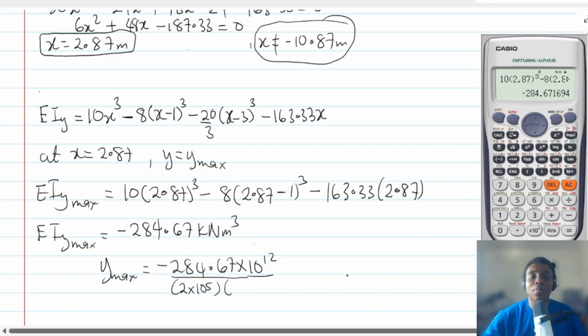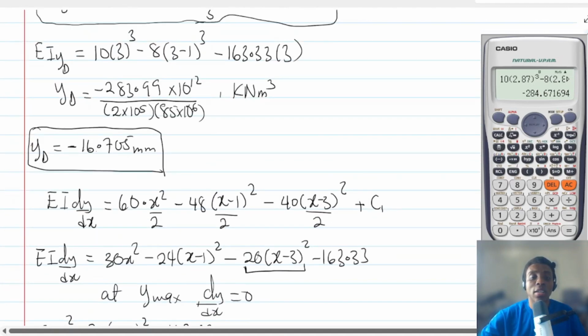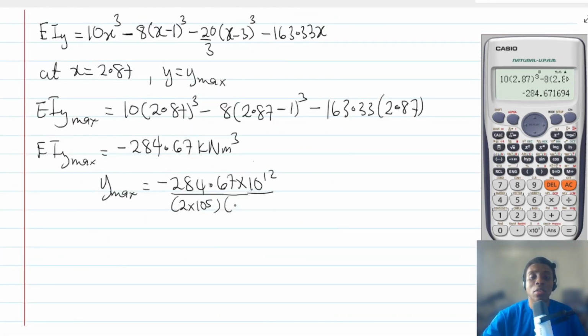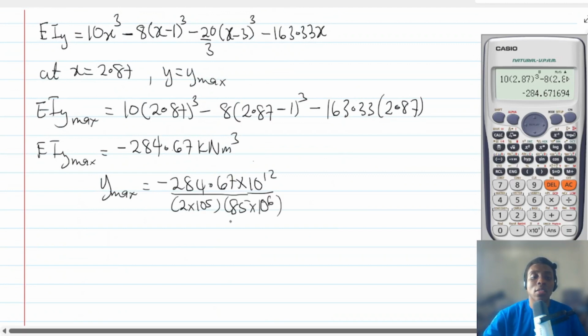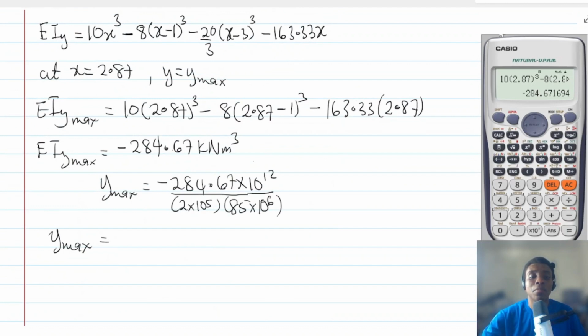Let me check. So EI is 2 times 10 to the power 5 multiplied by 85 times 10 to the power 6. All right, so y max is actually going to be minus 284.67 multiplied by 10 to the power 12, divided by 2 times 10 to the power 5 multiplied by 85 times 10 to the power 6.